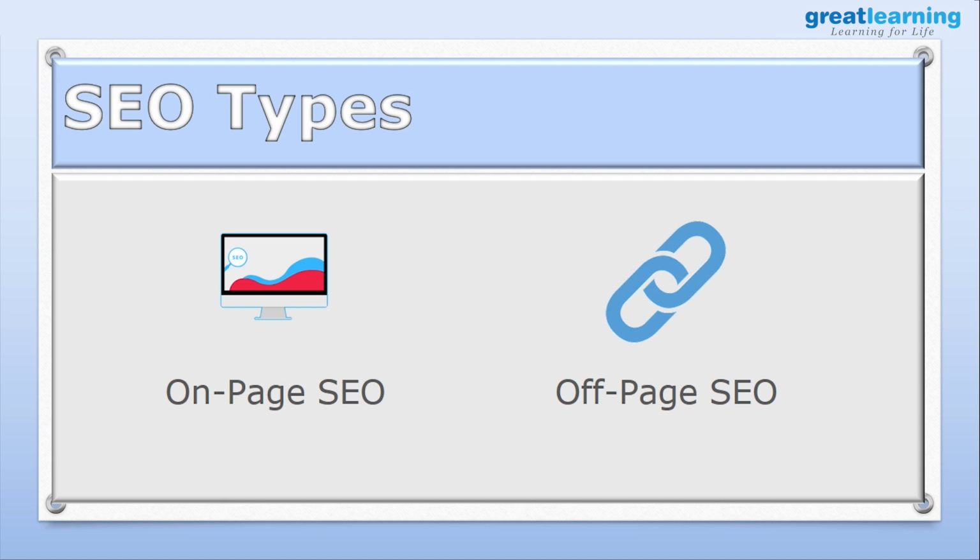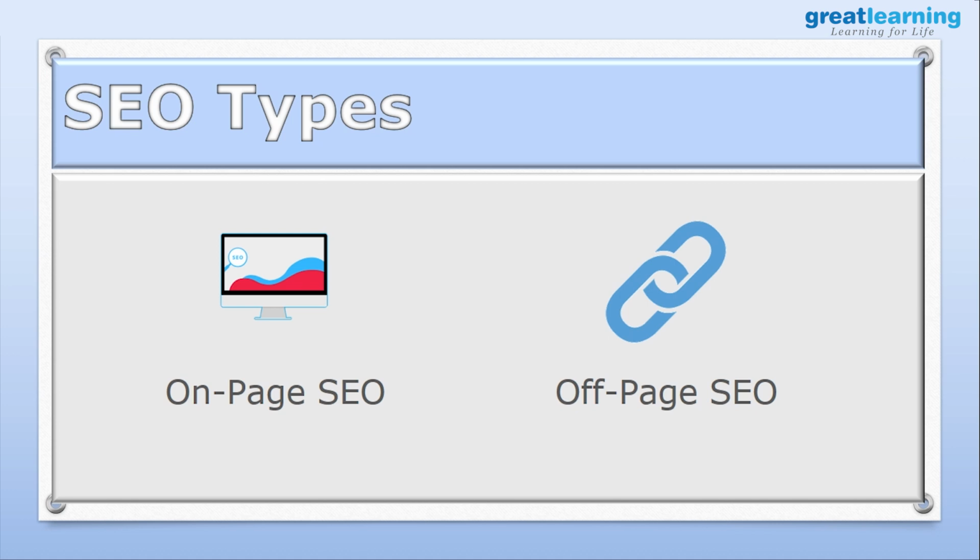And the second type of SEO, the off-page SEO. Off-page SEO refers to the actions that you would take outside of your website to impact your ranking. So it basically consists of building backlinks. Whenever you post your article or your content on some other platform, it can be on some social media or any blog or anything, it builds backlinks.